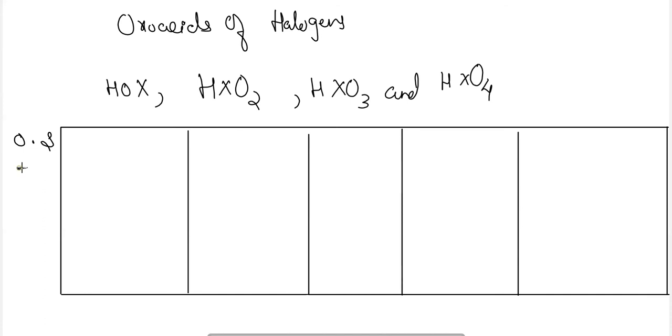For oxidation state plus 1, the acids formed are termed hypohalous acids.